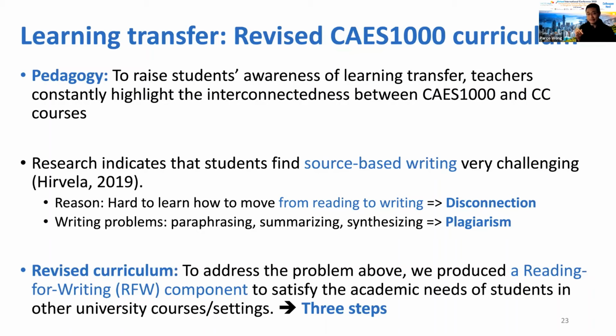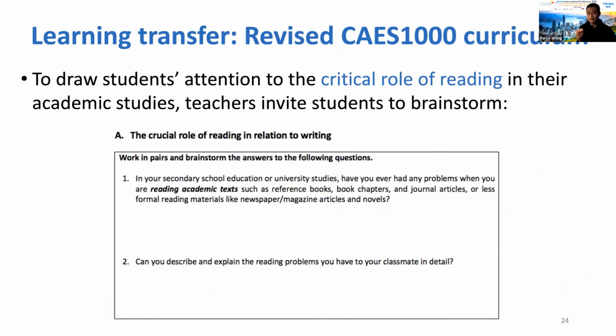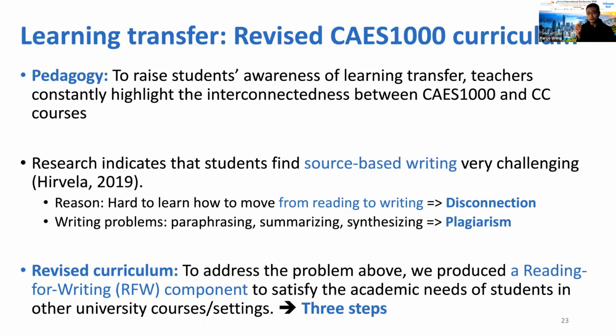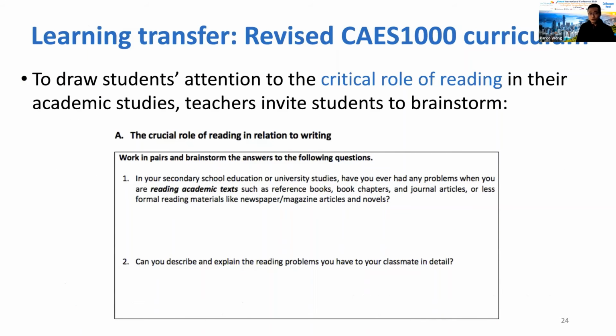In this context, for the Common Core courses, that is the CC courses, there are 3 steps altogether. Next slide. Now, first, we highlight the critical role of reading, and we ask students to recall, to describe, to explain the reading problems they have. We try to tell students that academic reading is not as simple as it looks.